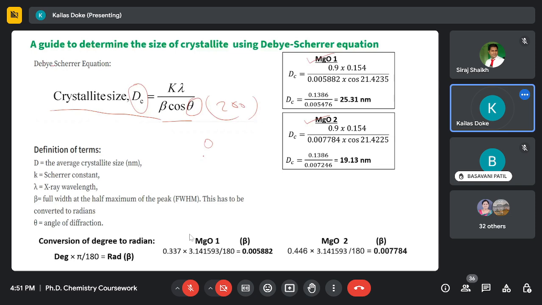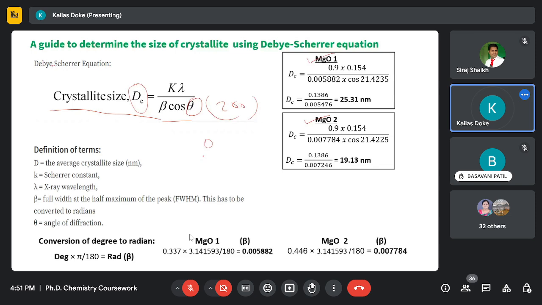This research paper gives a table. We consider only this line because we did the calculation with the help of the 200 peak for sample 1 and the 200 peak for sample number 2. And their D values, 25.29, exactly or closely match our calculated D values.